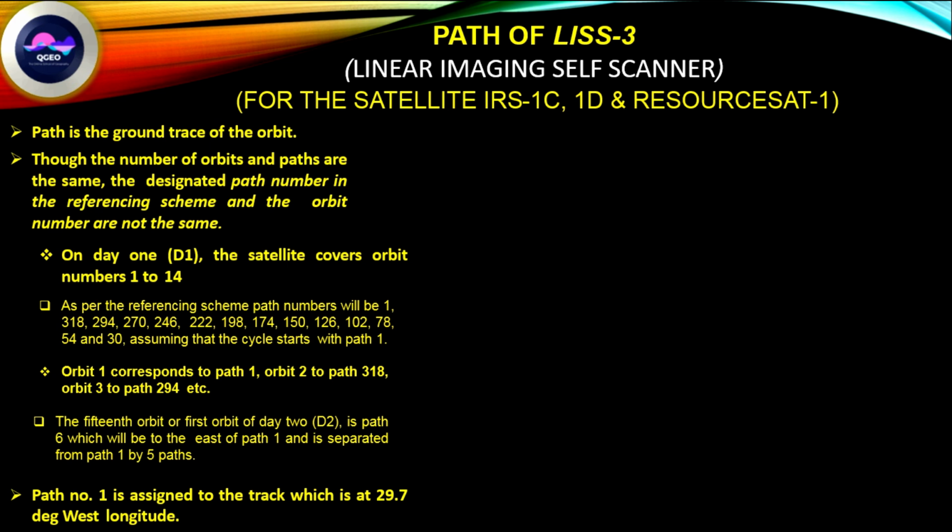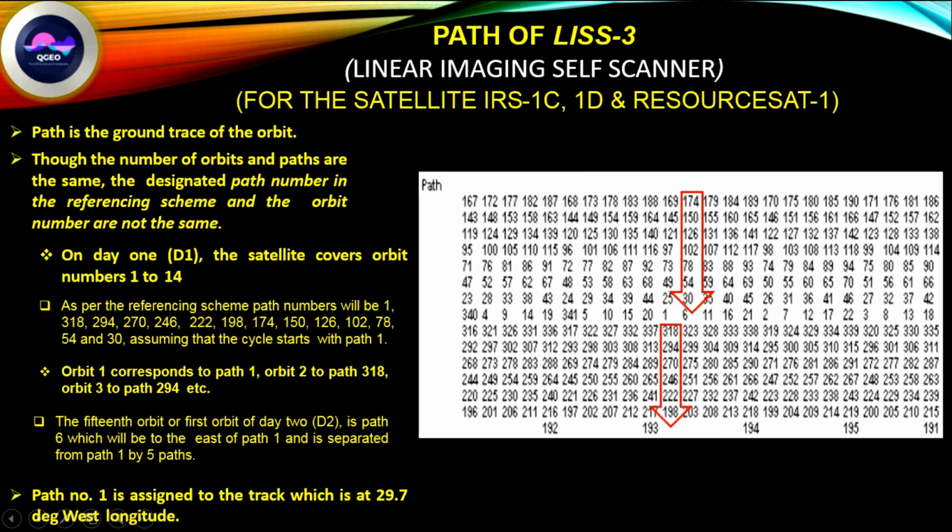Though the number of orbits and paths are the same, the designated path number in the reference scheme and the orbit number are not the same. On day 1, the satellite covers orbit numbers 1 to 14. As per the referencing scheme, the path number will be 1.